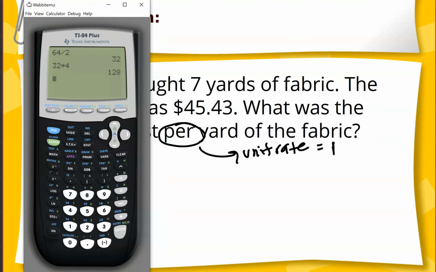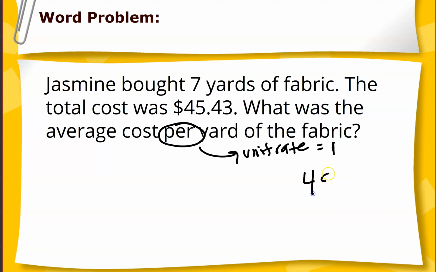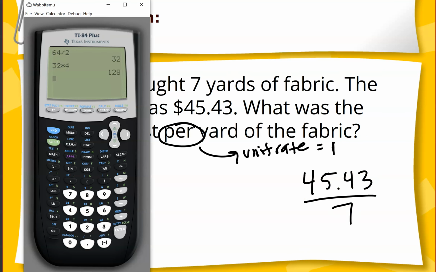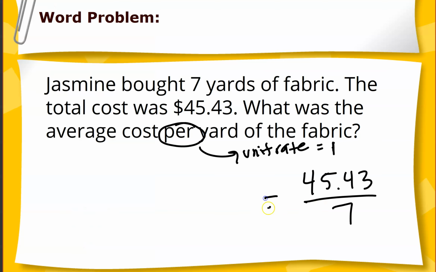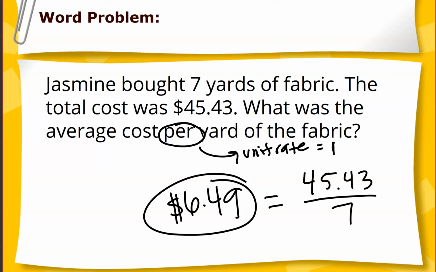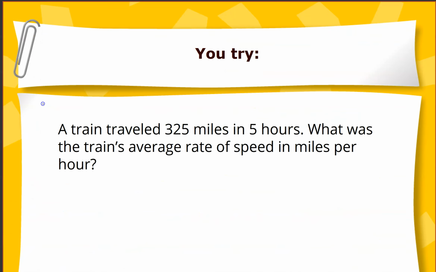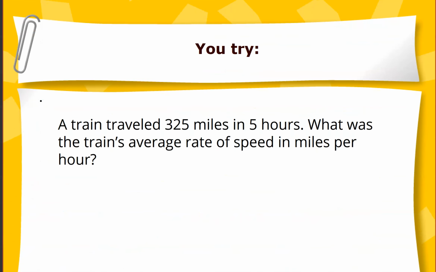So all you have to do is divide 45.43 divided by 7. $6.49. So the cost per yard is $6.49.